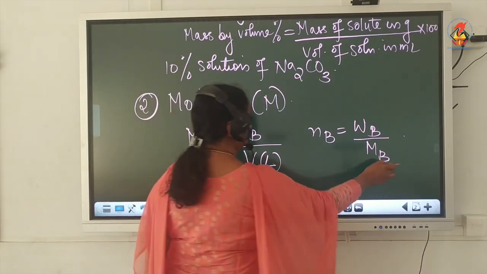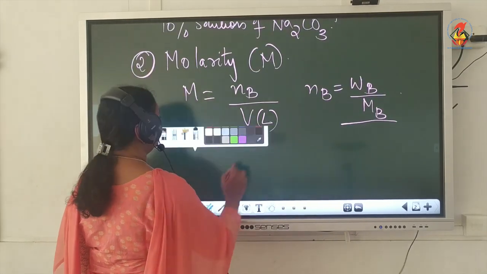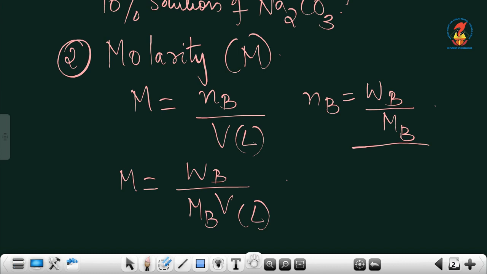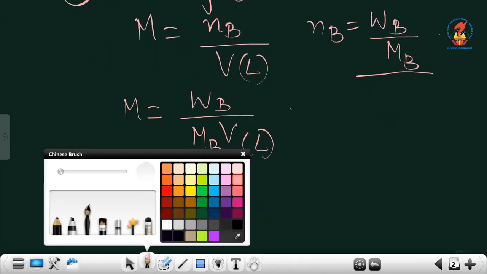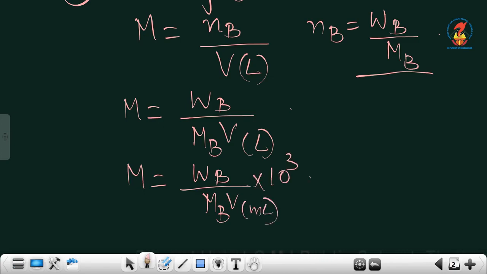Now substituting this expression in the molarity equation, we get M is equal to WB by MB into V in liter. Or suppose the volume is in milliliter, then M is equal to WB by MB into V in milliliter, means into 10 raised to 3 or into 1000.